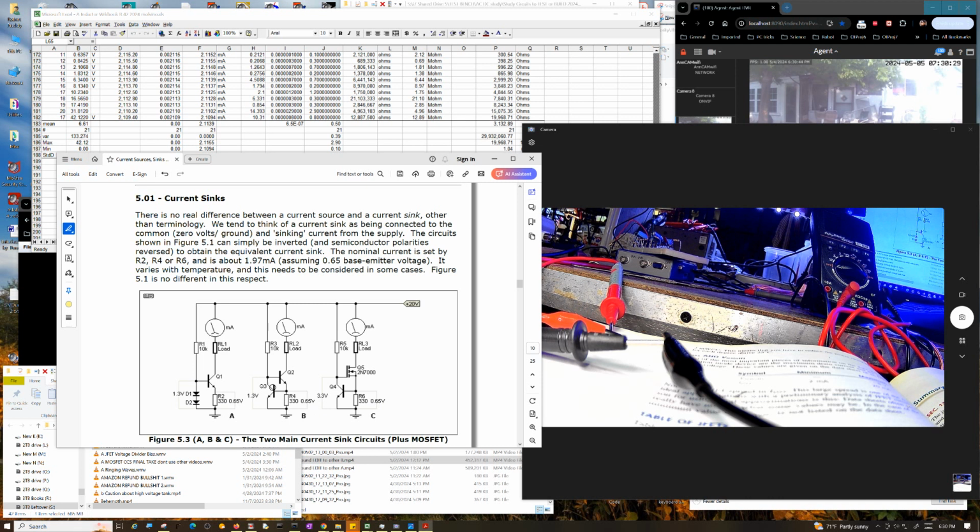Now, how it works is that this collector voltage can vary, right? It's a transistor, so it can vary its resistance. Transresistor is what transistor kind of stands for. So it's a dynamic resistance. That's one way to look at it.